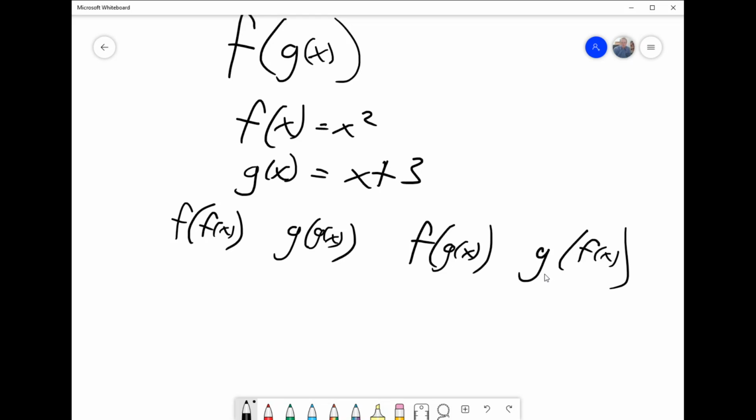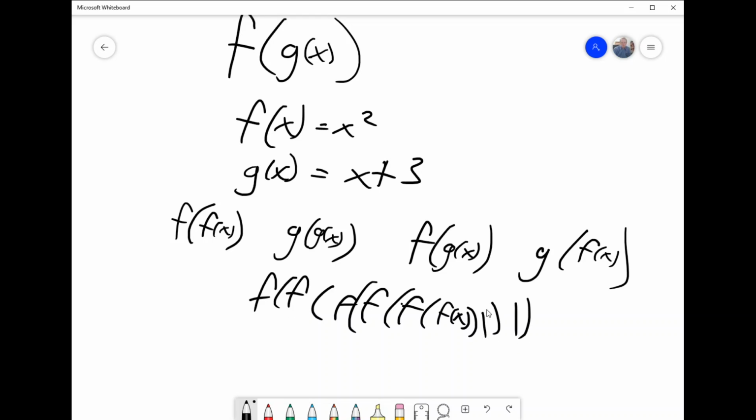There's nothing saying you have to stop at 2. We could have f of f of f of f of f of f of x. And that's 1, 2, 3, 4, 5 brackets I have to close. I hope I counted that correctly. But you get the idea. We can keep putting one inside the other.